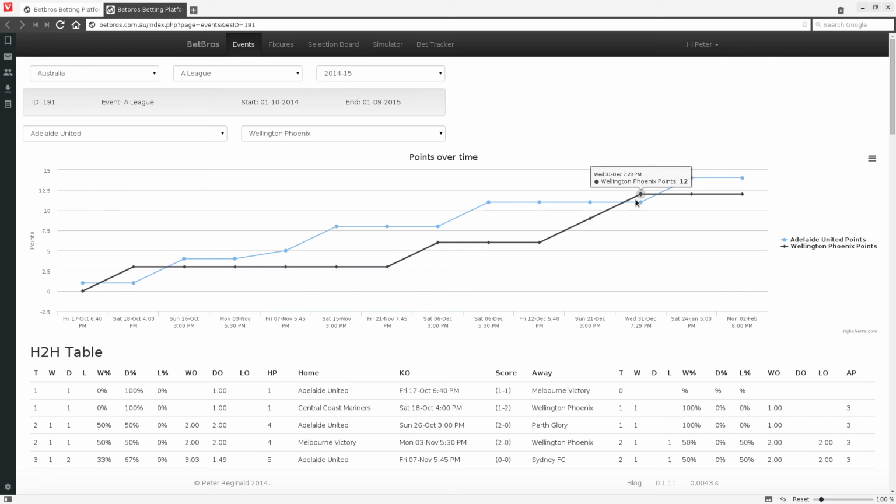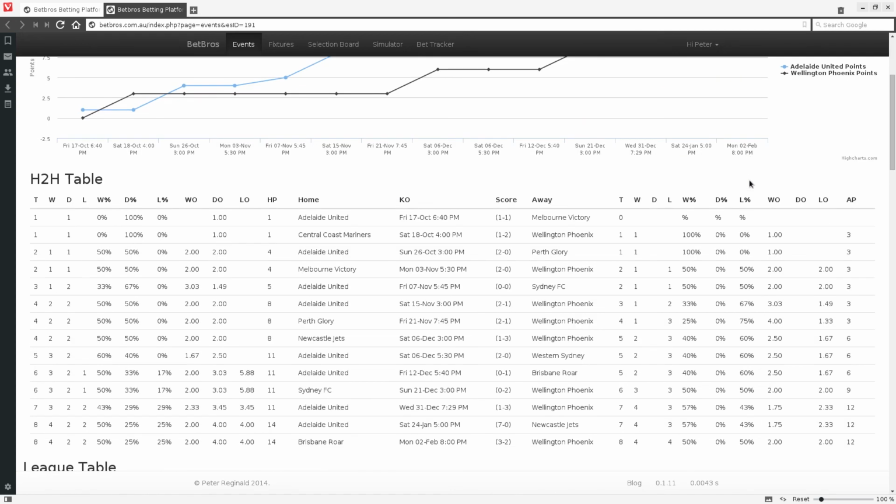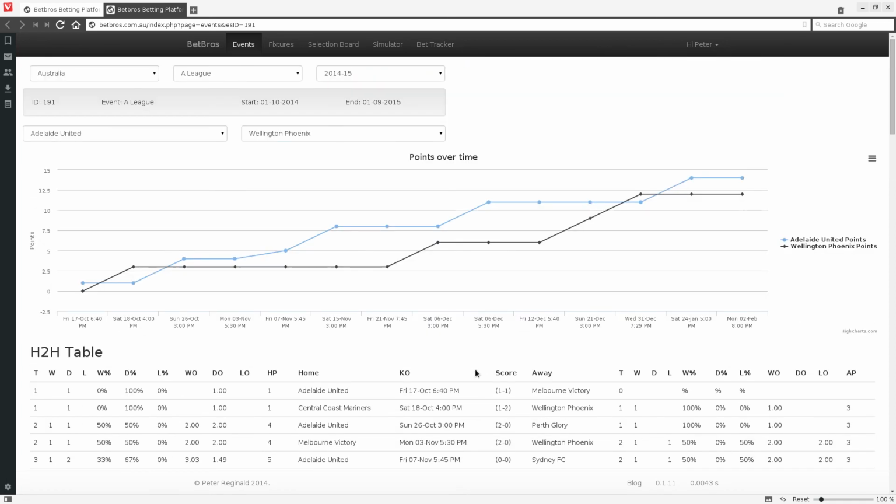Whereas Adelaide United, they spiked with another 3 points due to a win, and then what happened after that? The next match was a win. Oh, that was all. There were no other matches after that.